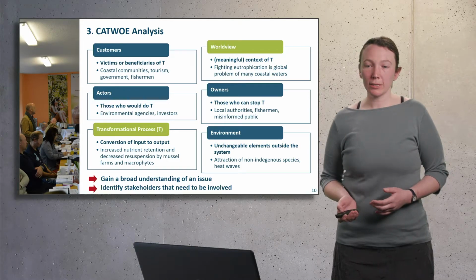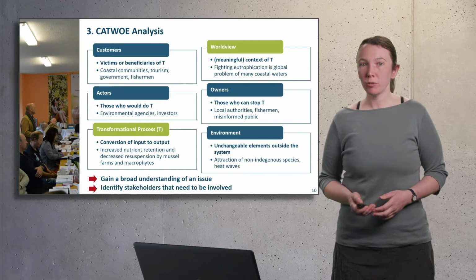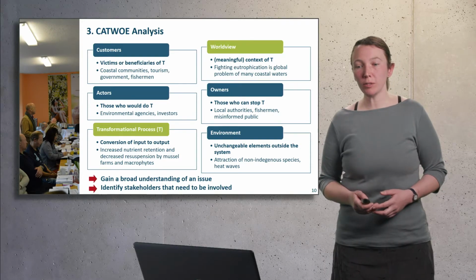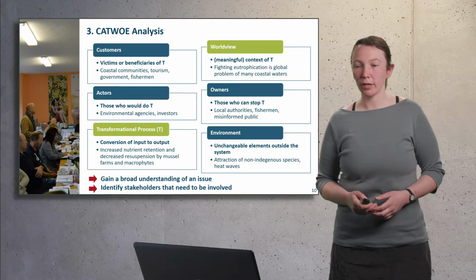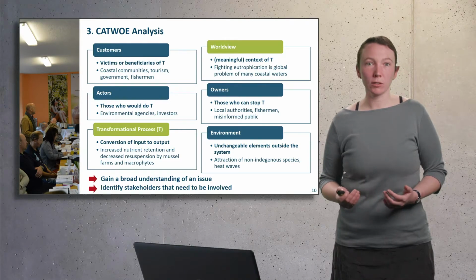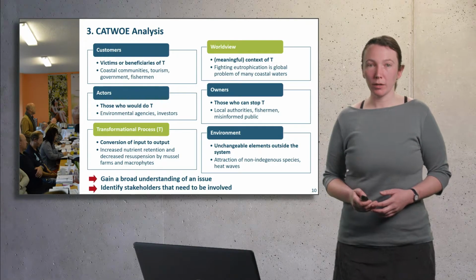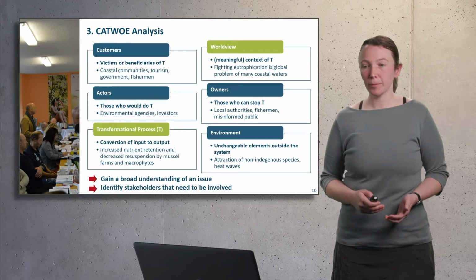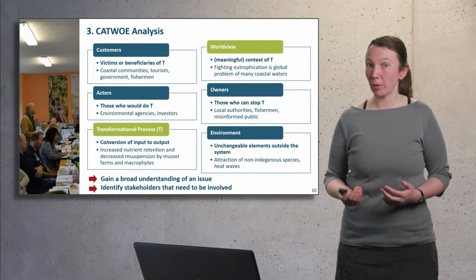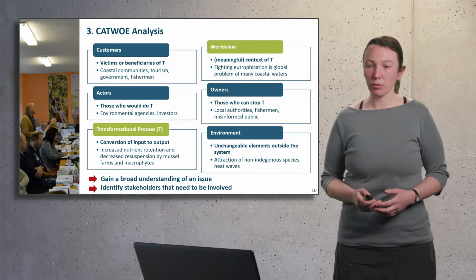So in our case, it could be environmental agencies responsible for water quality improvement, but also investors who are interested in mussel cultivation. The owners are those who stop or who can stop the transformation. This could be local authorities, but also fishermen or the public if it comes to strong oppositions.